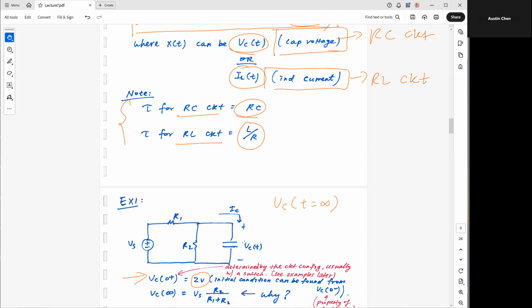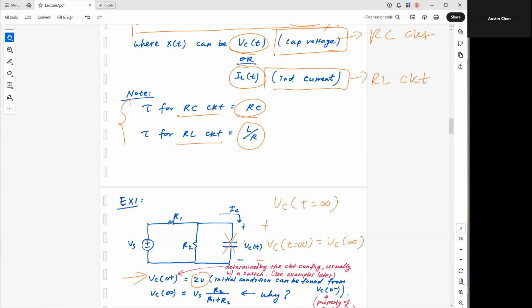So if this capacitor behaves like an open, I'm just going to momentarily cross this one out, since this is now an open. So what I need to find is this VC when t goes to infinity. VC at infinity, a little redundant, but this is how it came about.